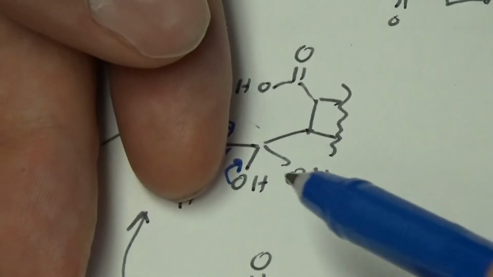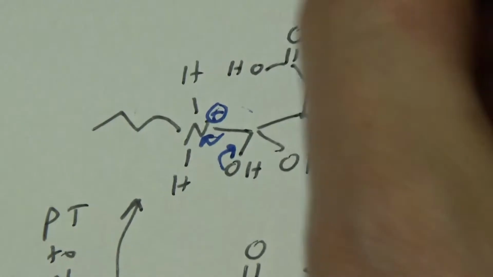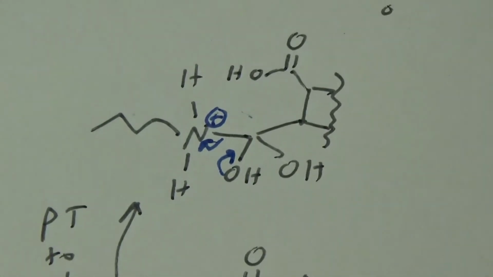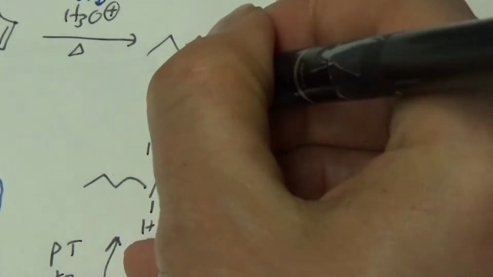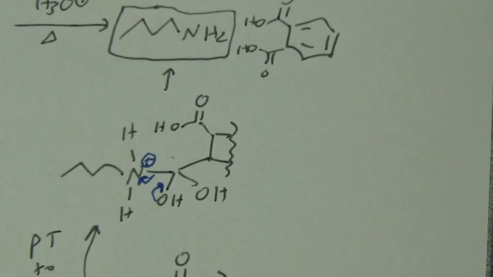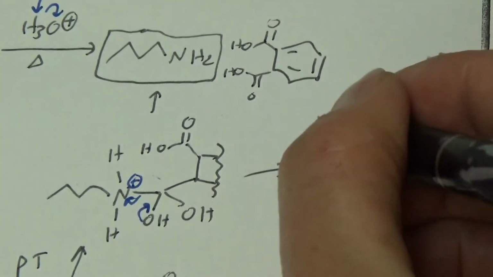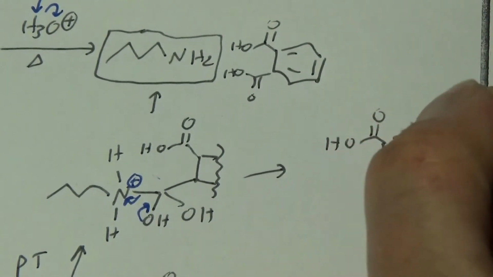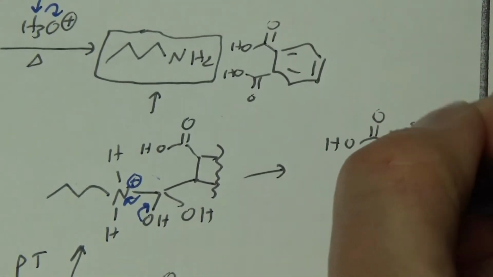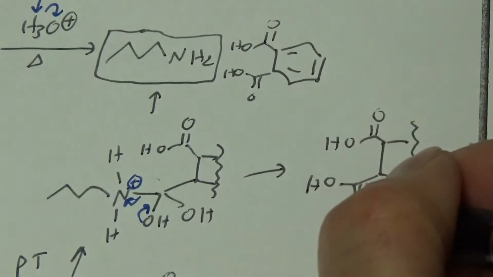And then we just have a protonated carboxylic acid, and then we'll just lose that proton and we'll be done. So the oxygen kicks in, nitrogen goes away. That gives us our product that we care about. And then the byproduct is made with an extra proton on it.